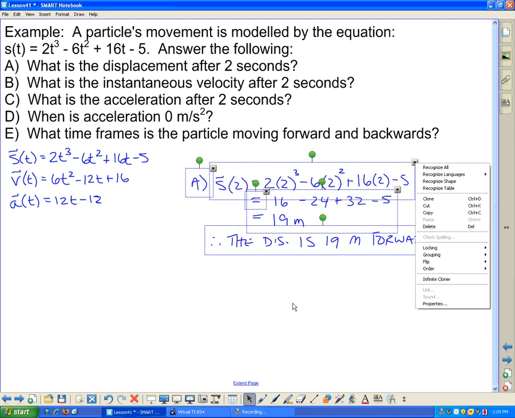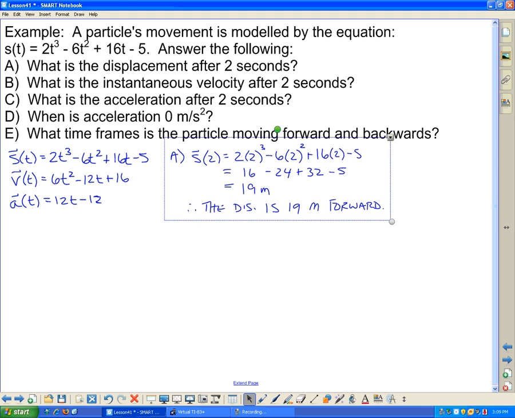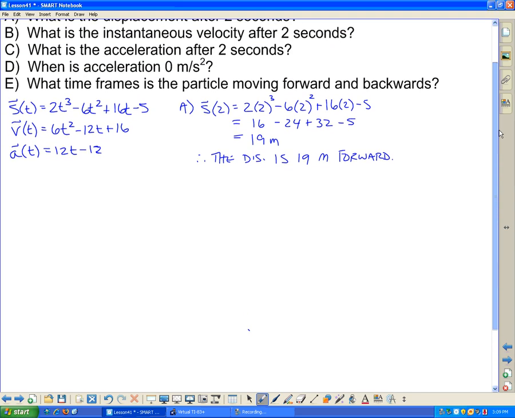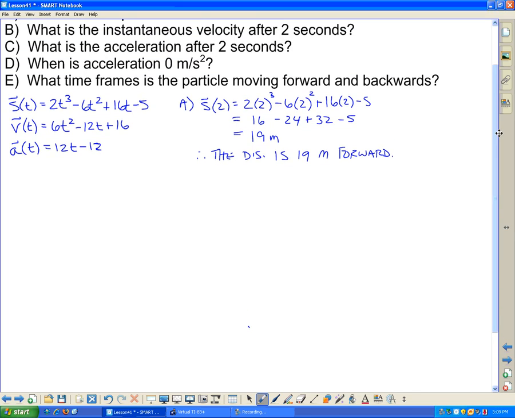All right, on to B part. B part asks, what is the instantaneous velocity? A bit of a dead giveaway, we are looking at the velocity equation. What is the velocity after 2 seconds?